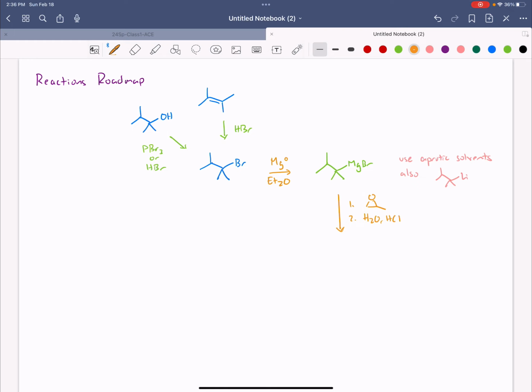Okay. Now we have to change colors. So the Grignard is green now. Let's use purple. The dots here. I would copy the Grignard first. Make it bond to the dot.